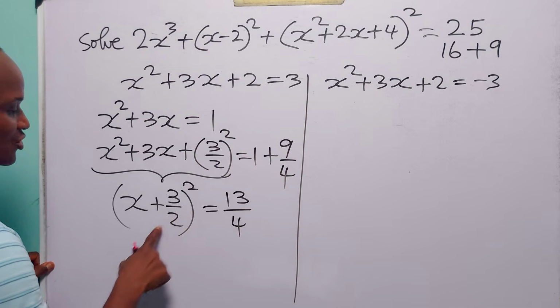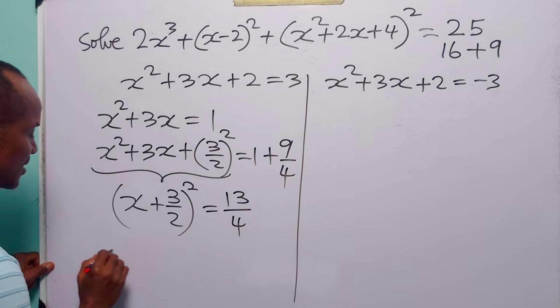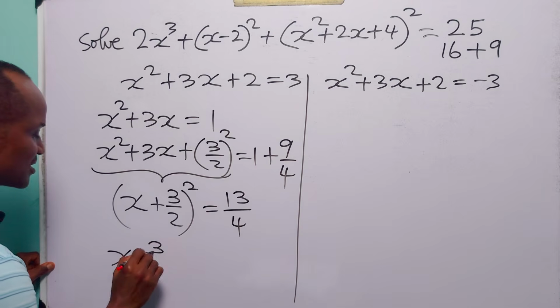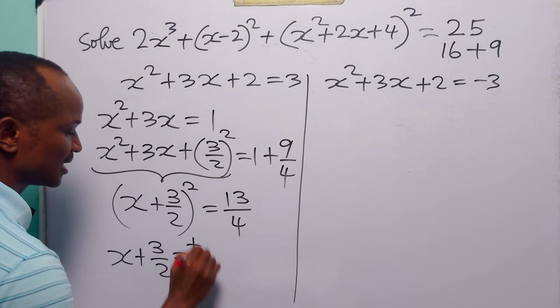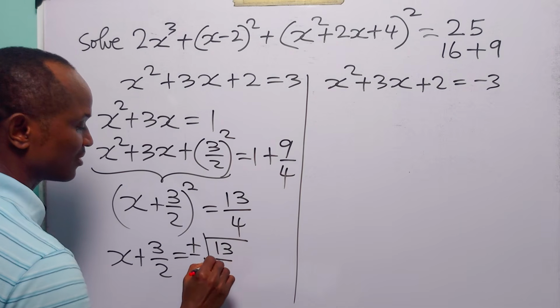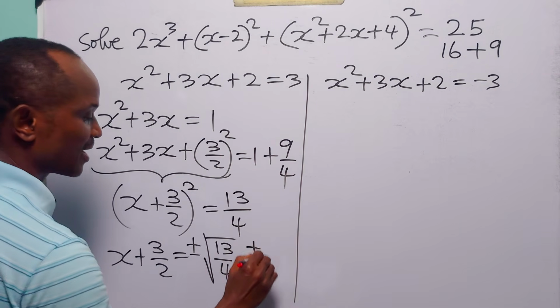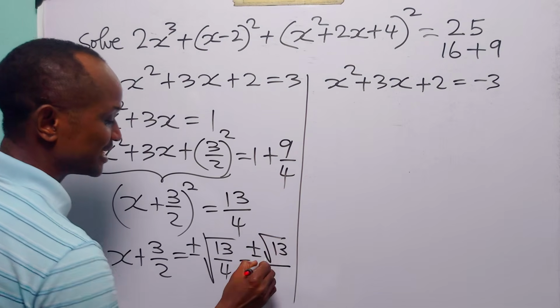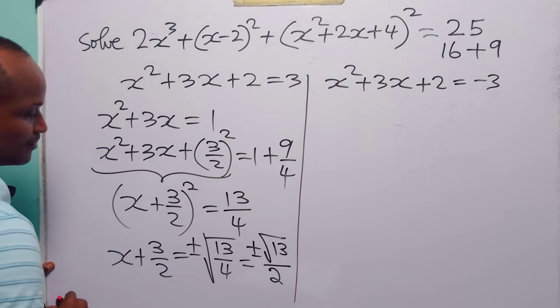Now, the next thing we are going to do is to take the square root of both sides of the equation. When we do that, we have that x plus 3 over 2 is equal to plus or minus the square root of 13 over 4. This is equal to plus or minus the square root of 13 divided by the square root of 4, which is equal to 2.